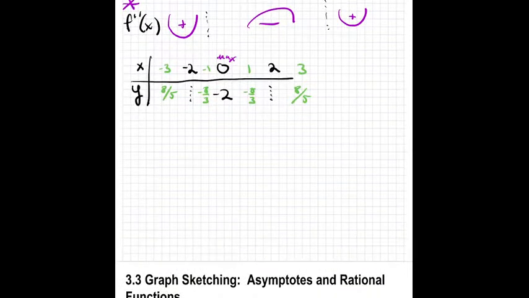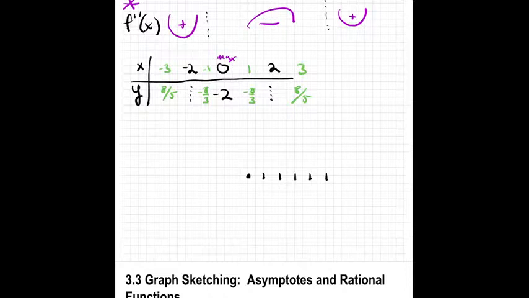My y's, 8 over 5 is what, less than 2? The lowest one is almost negative 3. So if we go maybe 4 on the y-axis, if we go 5 in all directions, I think that'll cover it. So like if we did 1, 2, 3, 4, 5. Hopefully that should be enough space.